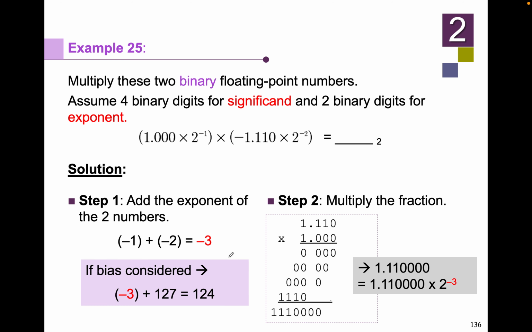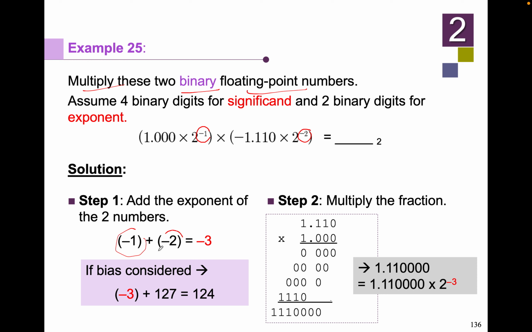So you have another example, number 25. This one is for multiplication. Multiply two binary floating point numbers. You have this, and the first step, you're going to add these two exponents.